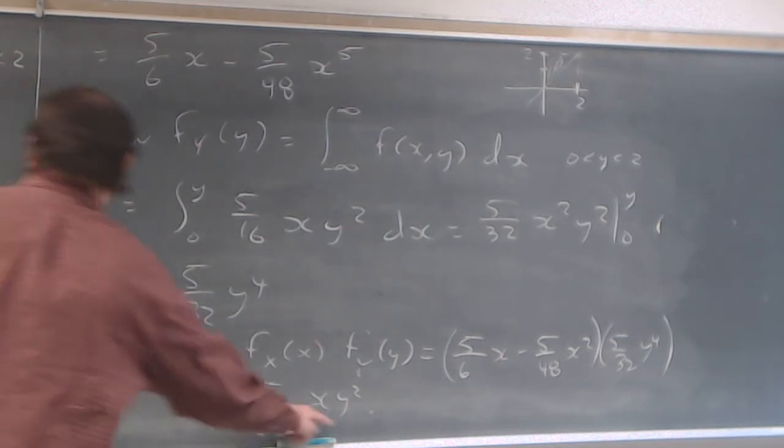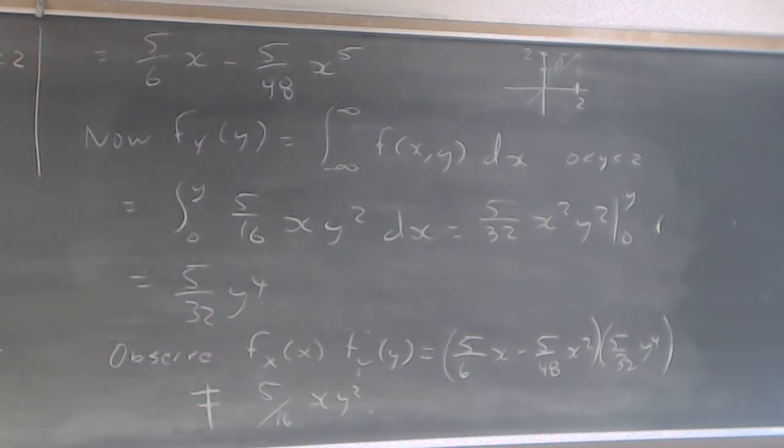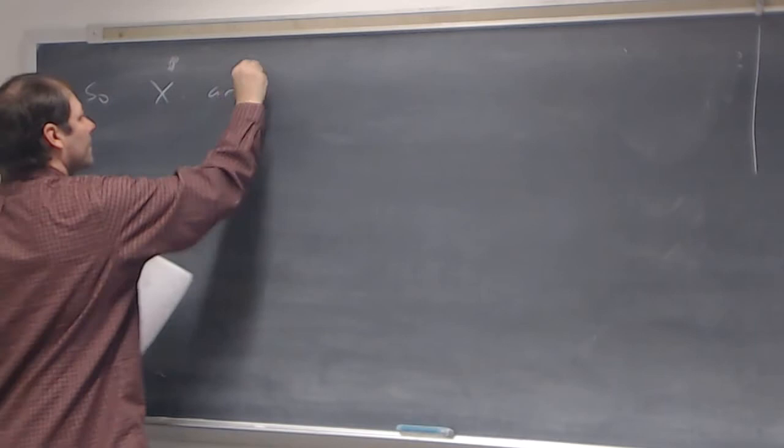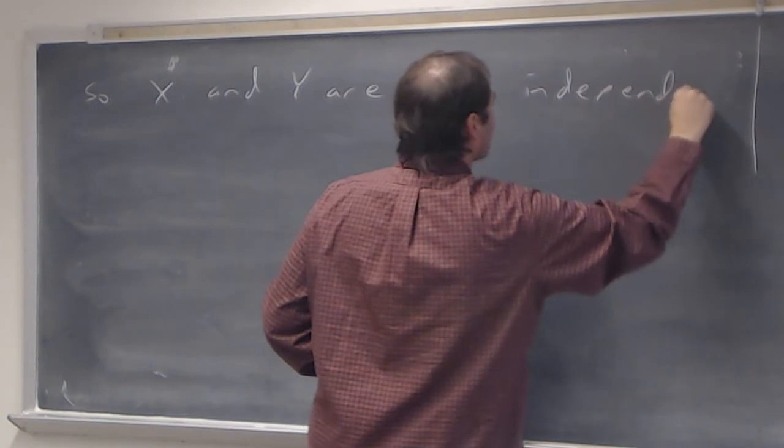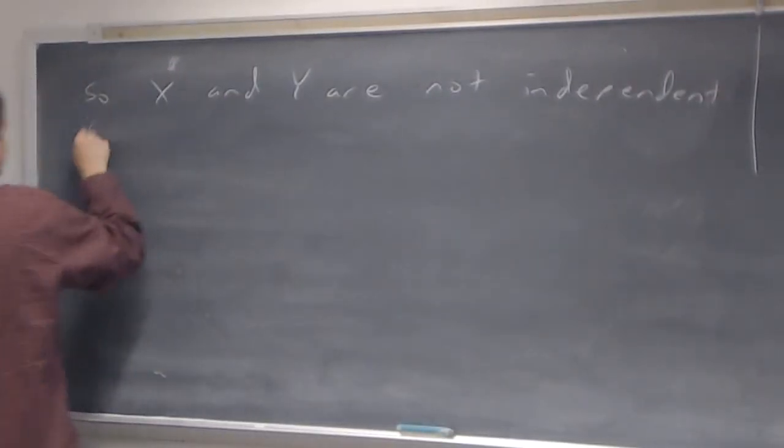And thus, we conclude that these random variables are not independent. And thus we call them dependent.